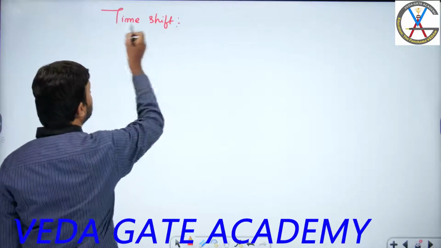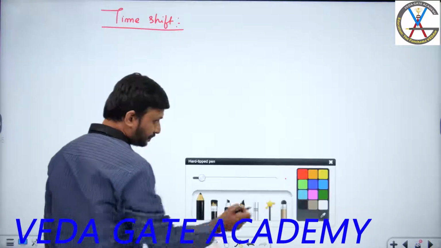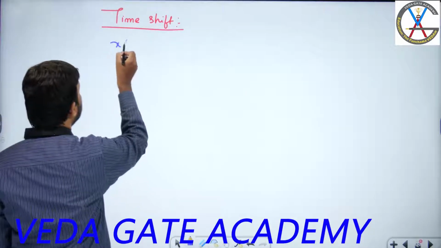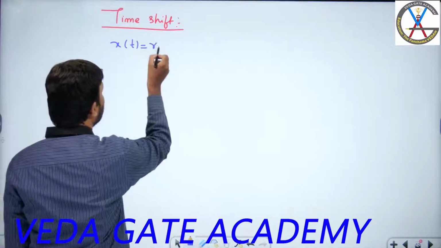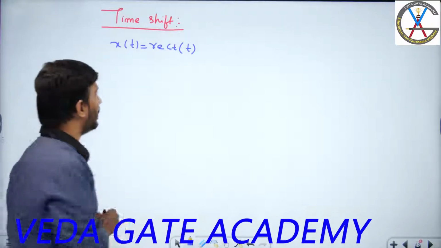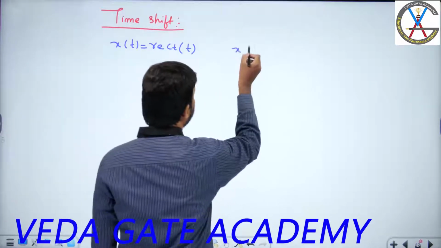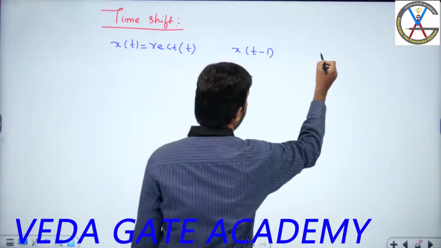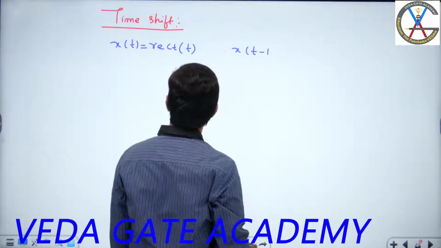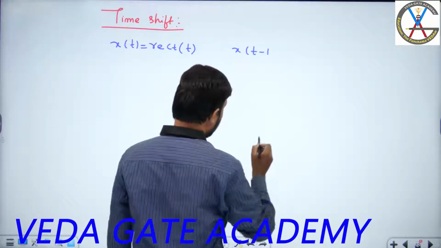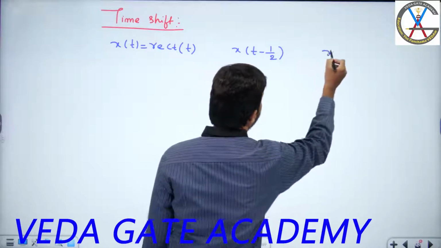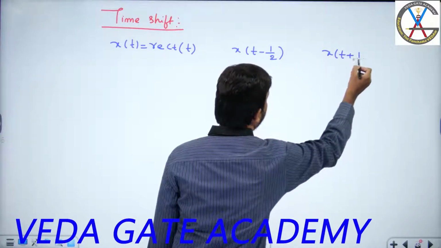Suppose you are given x of t is equal to rect t, and you are asked to get x of t minus 1 by 2 and x of t plus 1 by 2.